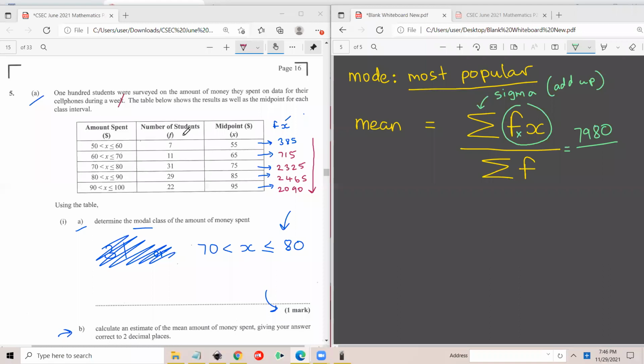What we need to do now is go to the f column, only the f column, which is the frequency, and add up everybody in that column and put that answer underneath here. So add up all the f values alone, and when you get the answer, divide them and you're finished.